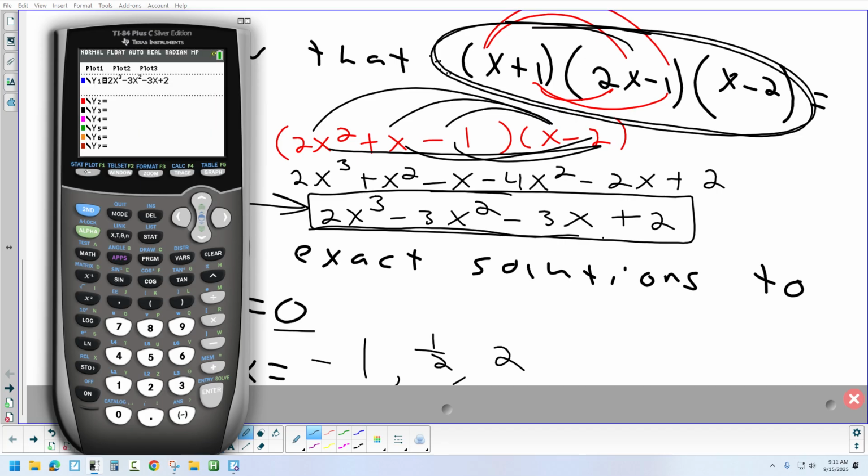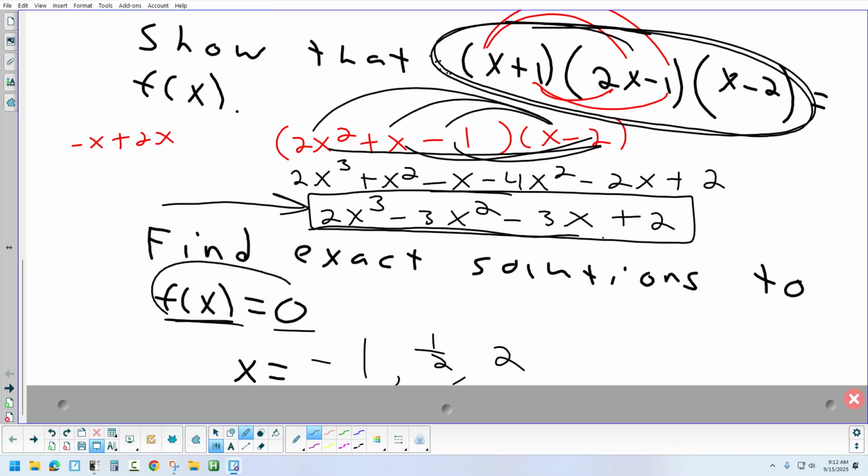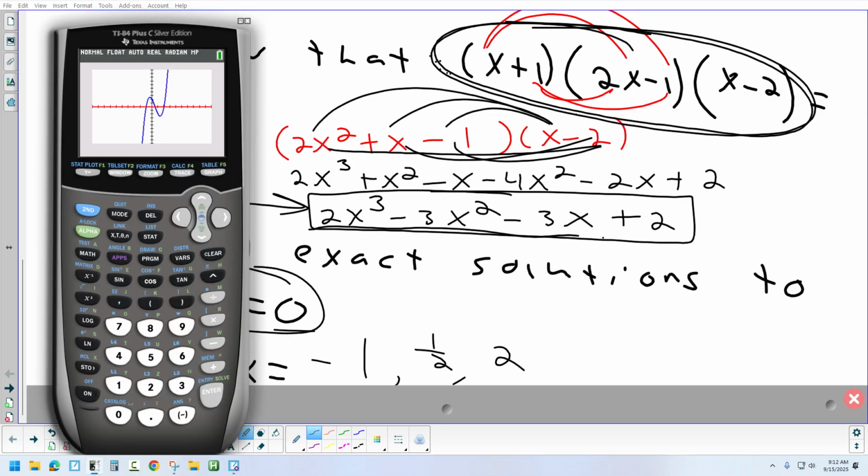Now, I could have actually done it that way. I could have put in the line y equals 0 like this. Now I just graph that equation, and to figure out where y equals 0 hits my curve, I could do an intersect. Now that I have the red line there, I could do that, and it gives me the same answer.